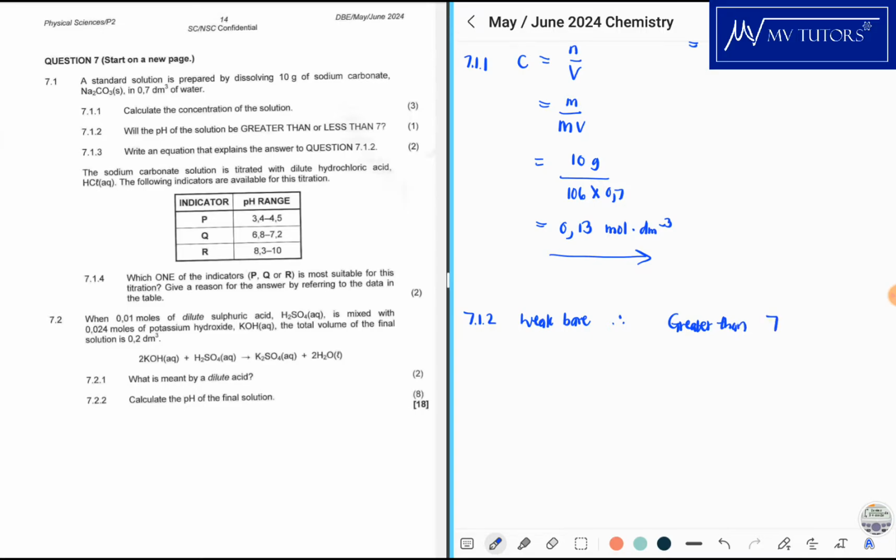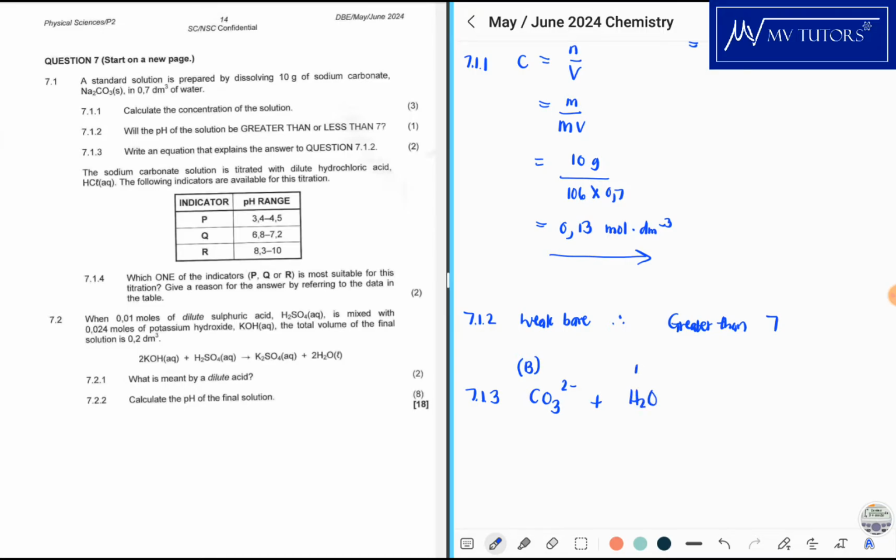Okay, and then 7.1.3, write an equation that explains the answer to question 7.1.2. So basically, sodium in this case acts like a spectator. So you have your carbonate, which is the base, right? Carbonate has a charge of 2 minus. And it's in water. Water will act as an acid in this case.